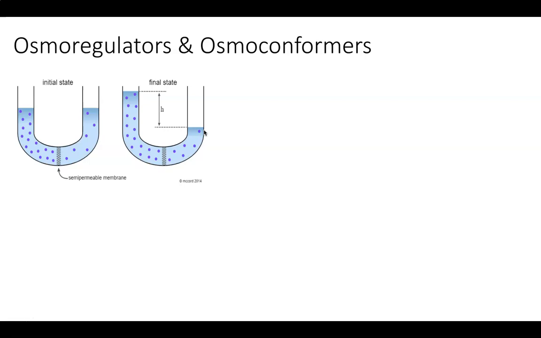We can see that they can't pass through the semi-permeable membrane. They can't reach that equilibrium that they want to. So what's going to move to reach equilibrium? It will be the water. The water can pass through, and so it will pass through until the concentration of solute to solvent is the same on both sides.